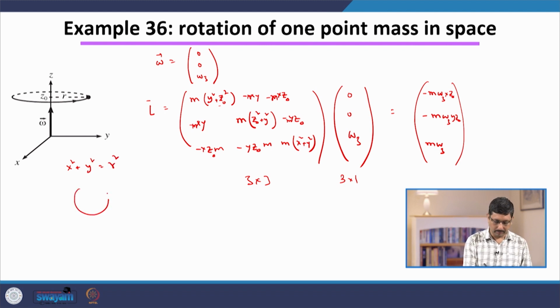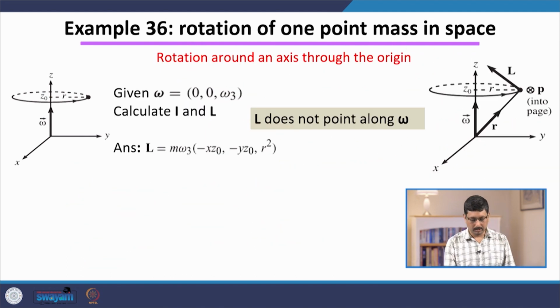It will be clear if you look from the top. This is our center, this is our point mass, and this is any point with x. From the top, it is clear that x square plus y square is r square. So, let us check that we get the right answer.